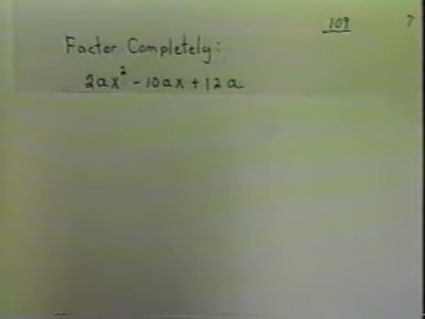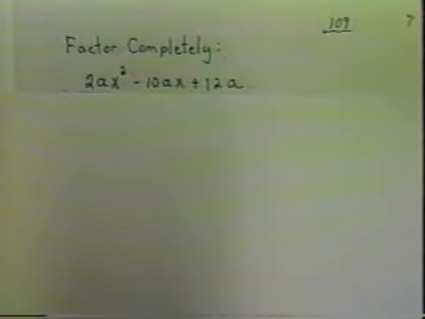One should always try to remove the greatest common factor before using guess and check factoring. In tape 108, you were shown how to remove the greatest common factor. In today's tape, you are shown how to use guess and check.